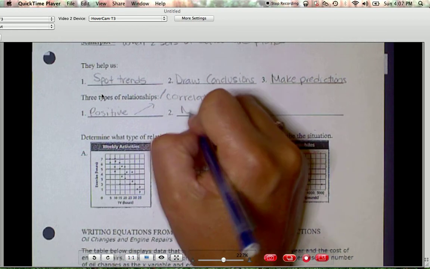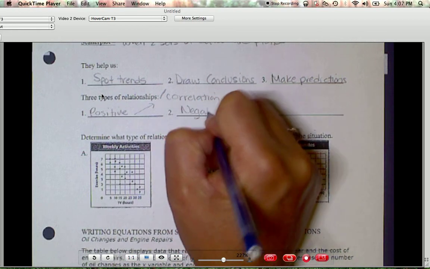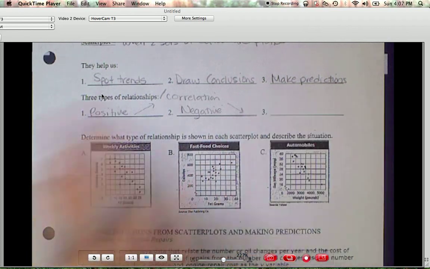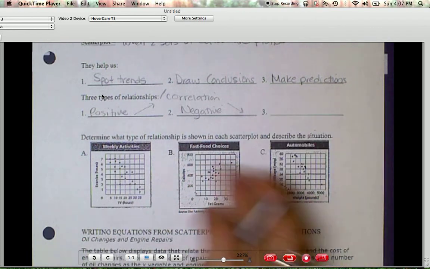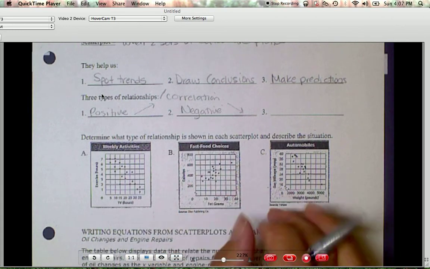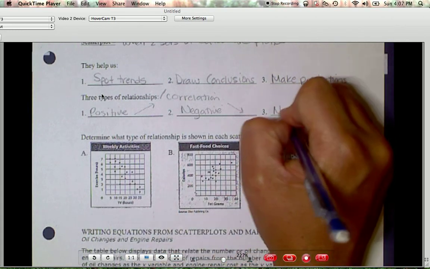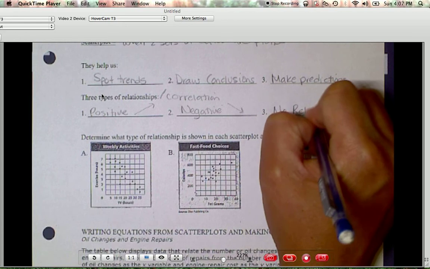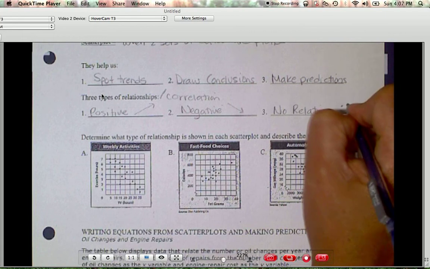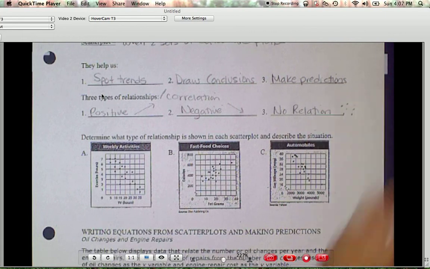We can have a negative correlation, where the slope of the line of best fit goes downward, or the points tend to fall in a downward direction. Or it is possible that there is no relation or no correlation if the points are scattered all over the place.